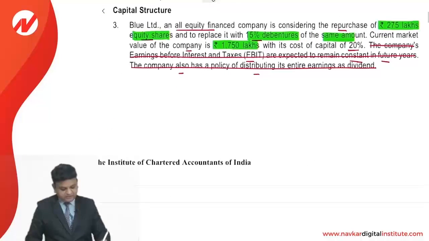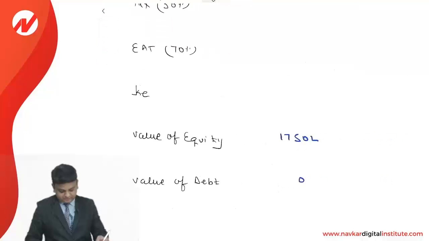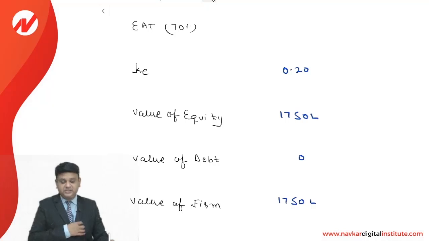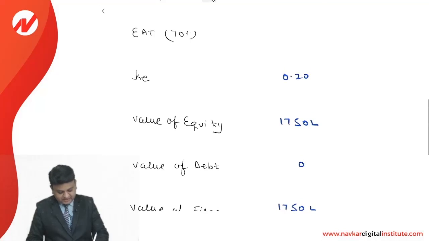We have been provided with the information that the cost of capital is 20%. So as far as earning after taxes is concerned, it must be 350 lakhs. How is this 350 lakhs calculated, dear students? It is 1750 lakhs into 0.20.